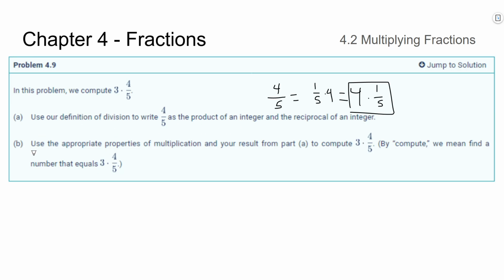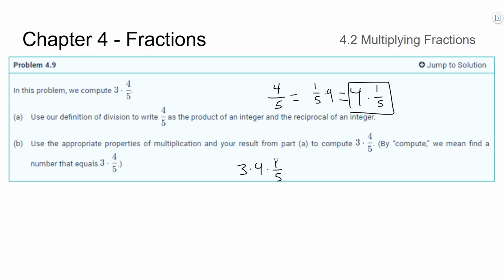All right, so then B, use the appropriate properties of multiplication and your result from part A to compute 3 times 4/5. We already broke down 4/5 to be the same as 4 times 1 over 5. So now all we need to do is swap that out. So let's do 3 times 4 times 1 over 5.